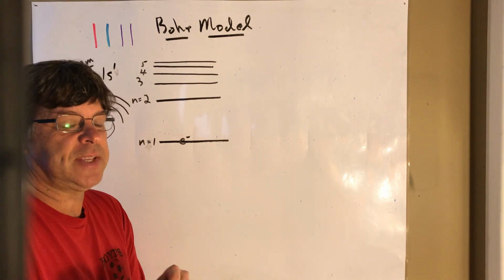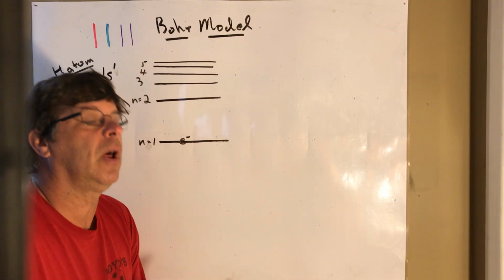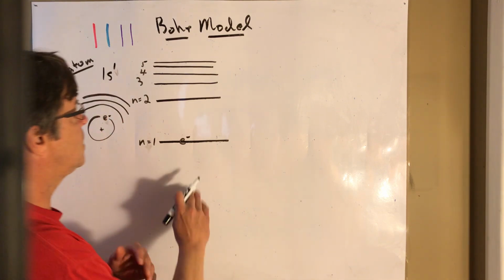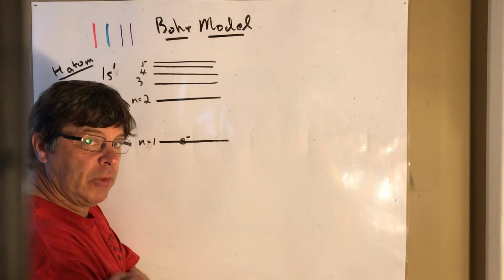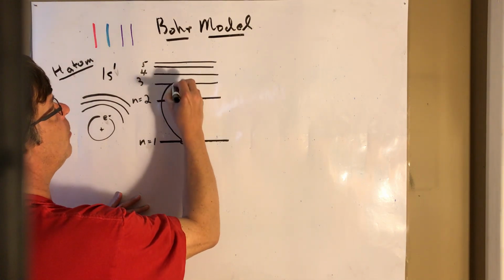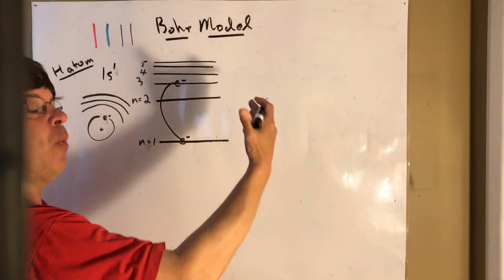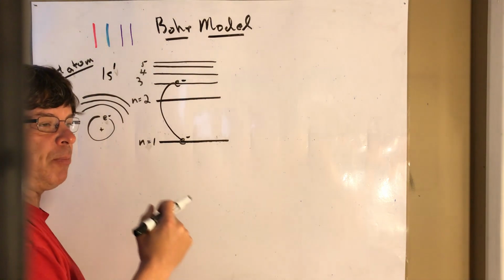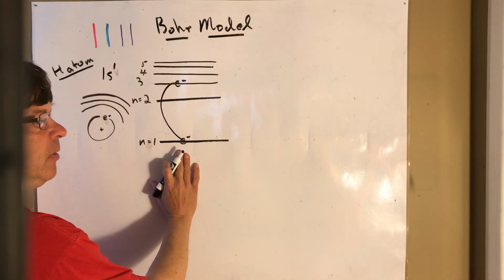If it gets excited, it can go to other orbitals and other energy levels. So if we excite this hydrogen atom with high voltage, it's possible that this electron jumps up to the third energy level. It gets further away from the nucleus, from that proton, so it has more energy than it did in the first energy level.